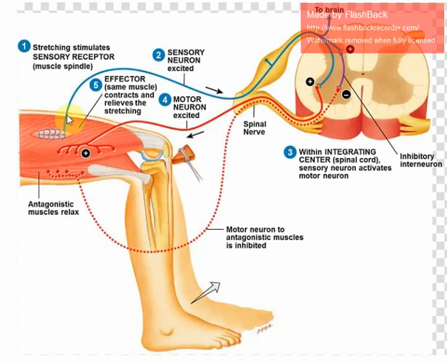Once it reaches the threshold, the action potential is generated, and this action potential will now travel as an impulse along the nerve, enter the dorsal root ganglion, then the dorsal spinal root to the gray matter, the dorsal horn of the gray matter, and it will synapse here with the motor neuron.